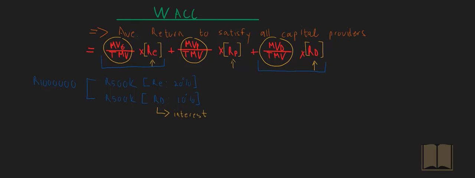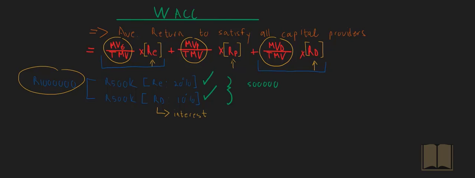So in order to work out what the return on the R1 million should be in order to satisfy both your equity providers, so providing them with the return of 20% that they want, as well as satisfying your debt providers, so giving them a return of 10% that they want, you need to calculate the WACC. And the WACC is calculated as follows.